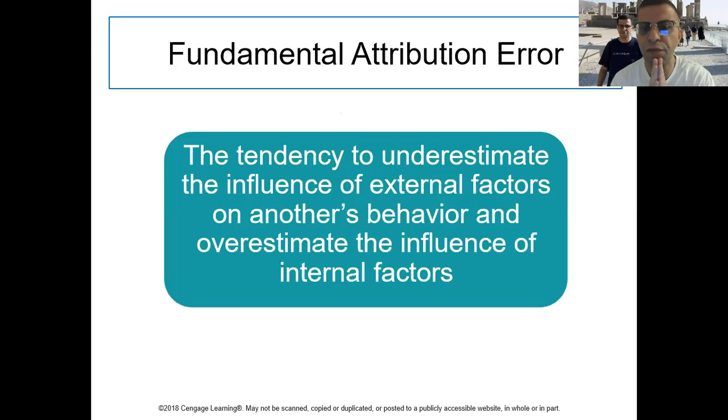Now, the fundamental attribution error. It is the tendency to underestimate the influence of external factors on another's behavior and overestimate the influence of internal factors. This is one of the attribution errors.